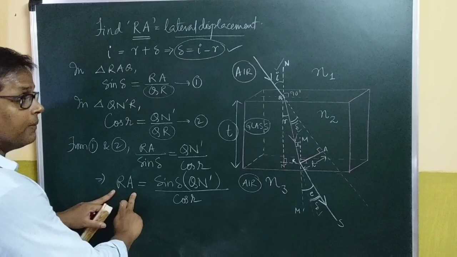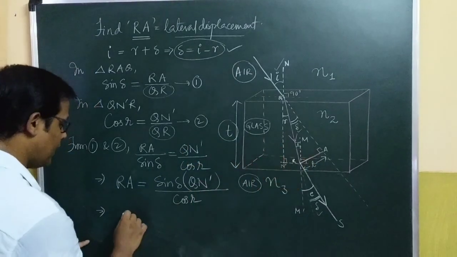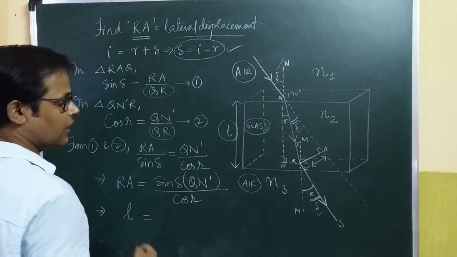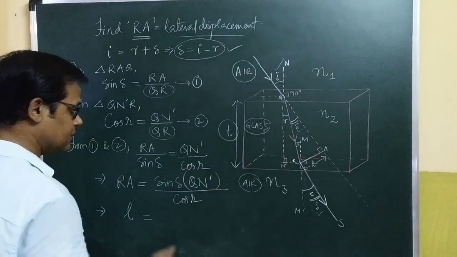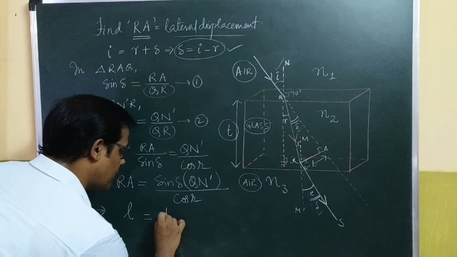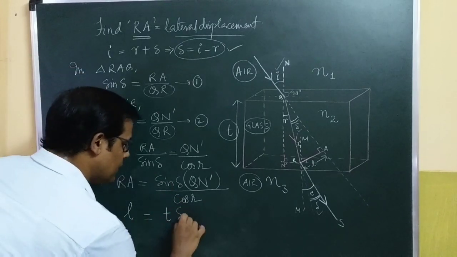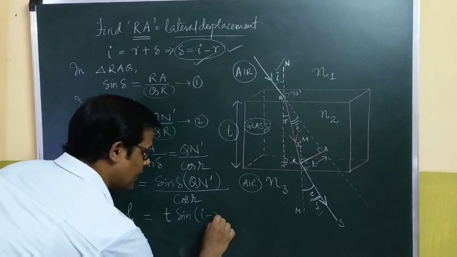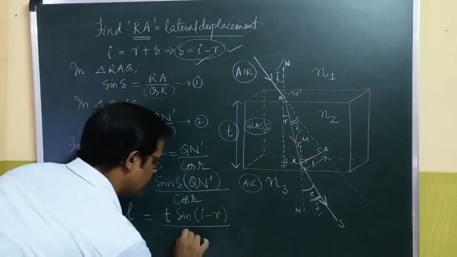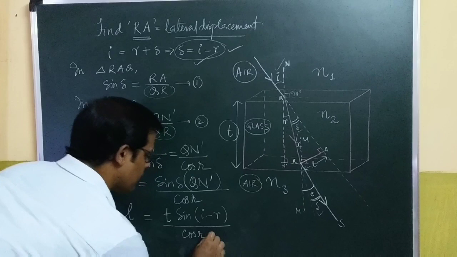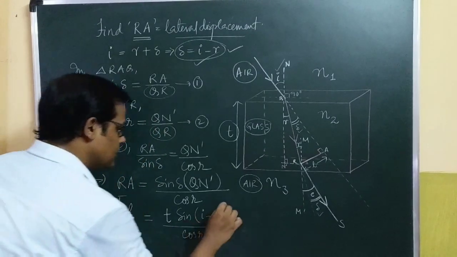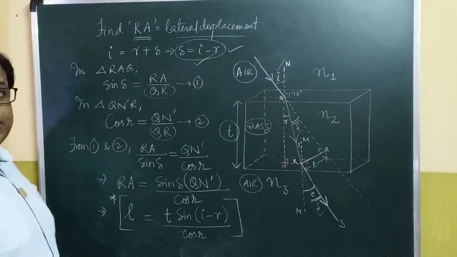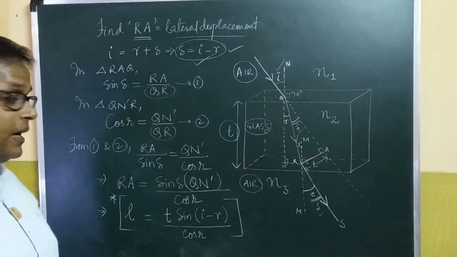So RA, my dear, I have taken as small l, the lateral displacement, do not get confused. Sine of delta, Q and prime is my thickness, so let me write it there, T, and sine delta can be replaced as I minus R, divided by cosine of R. This is the little beautiful expression for calculating the lateral displacement.